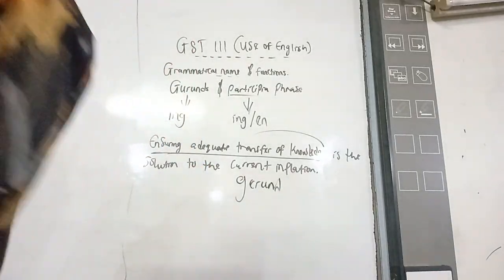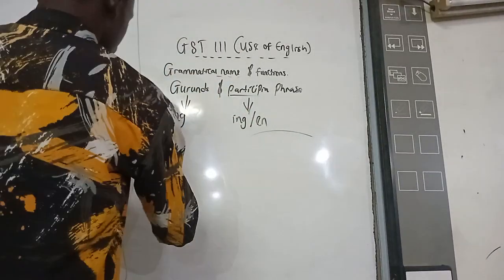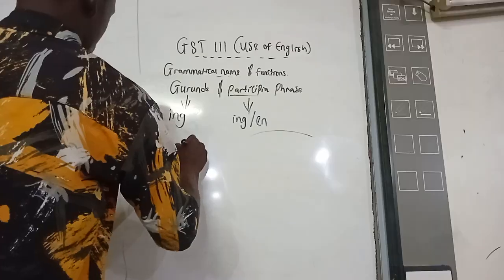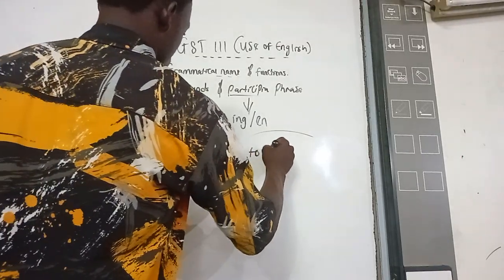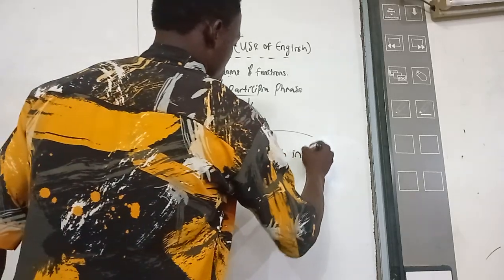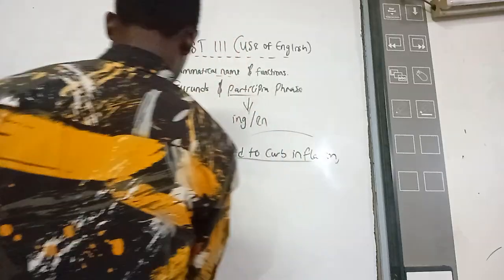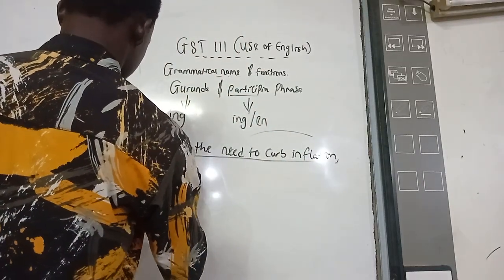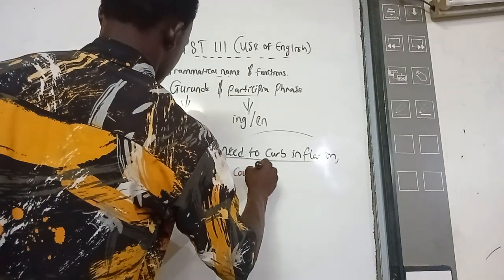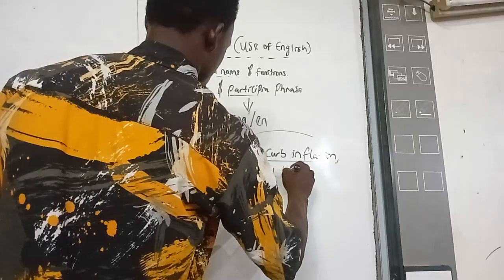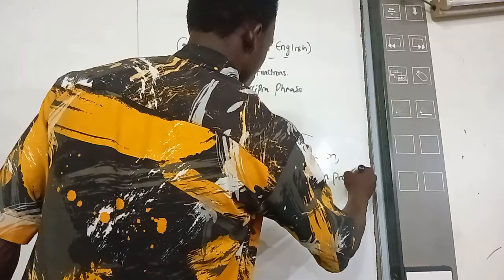So now let's deal with one more example. Here we say: Driven by the need to curb inflation, comma, the president encouraged homegrown products.